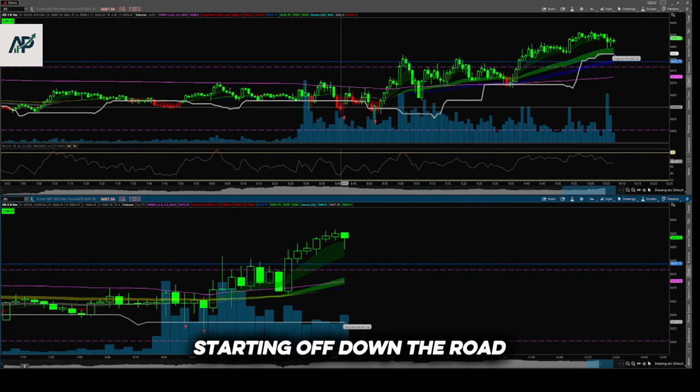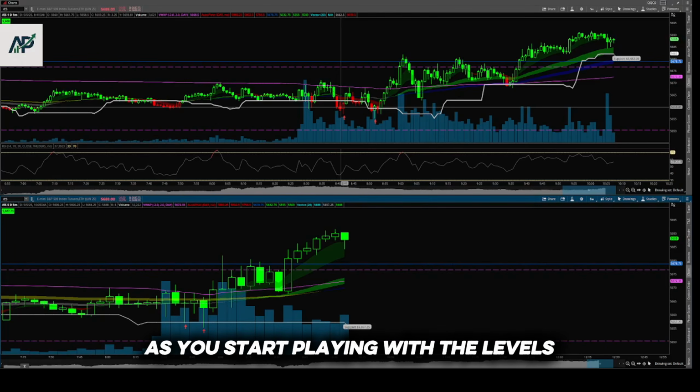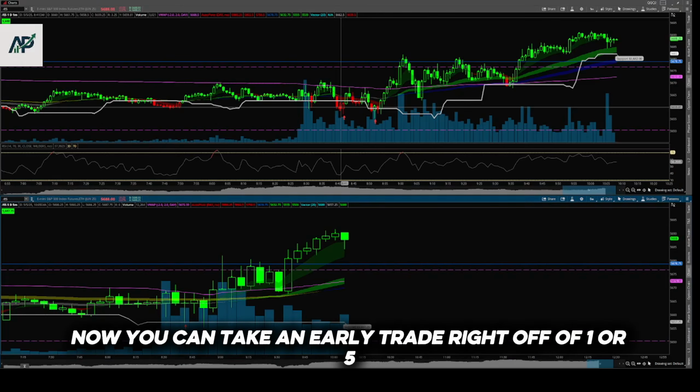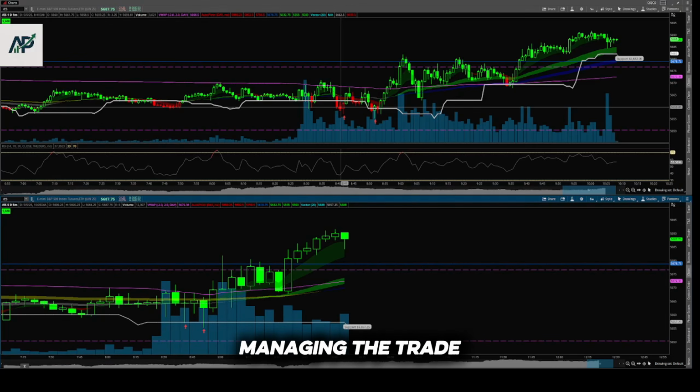Down the road, as you get familiar with the movement, as you start playing with the levels, now you can take an early trade off of the 1 or 5, knowing the risk and managing the risk, managing the trade.